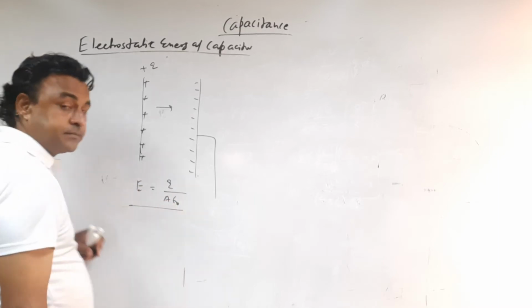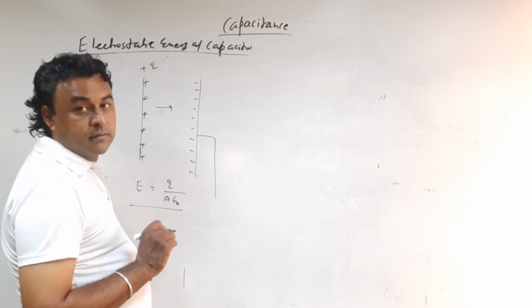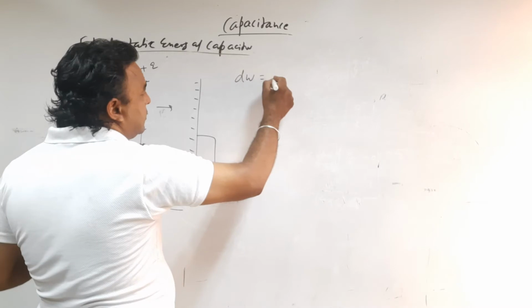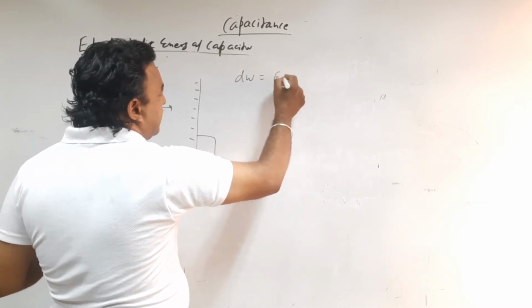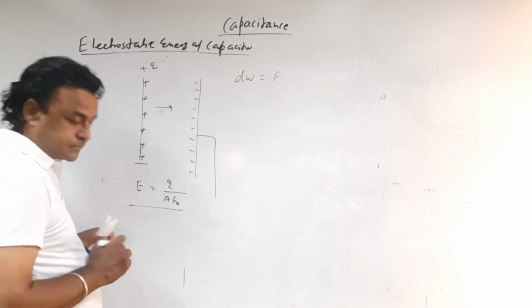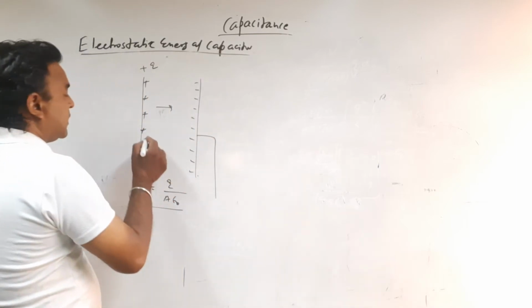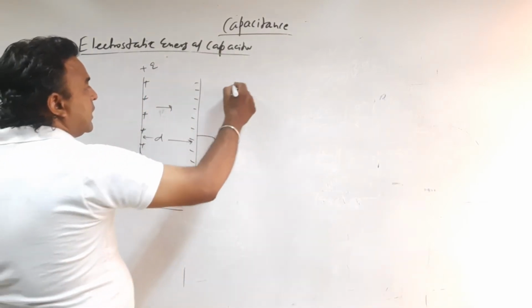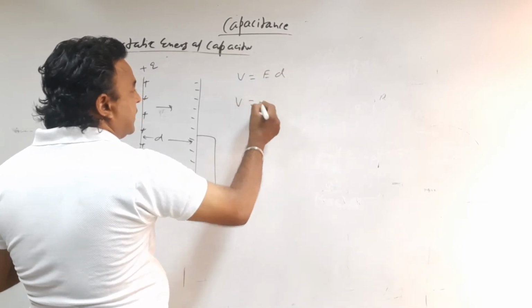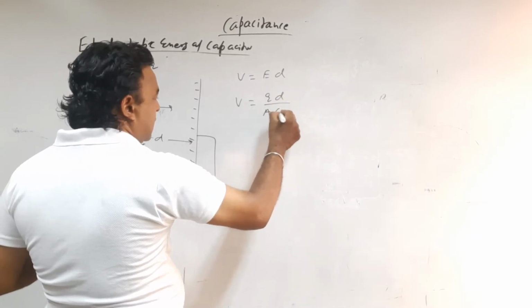I hope you remember. At this moment the distance is d and the potential V equals E into d, which is Q d upon A epsilon naught.